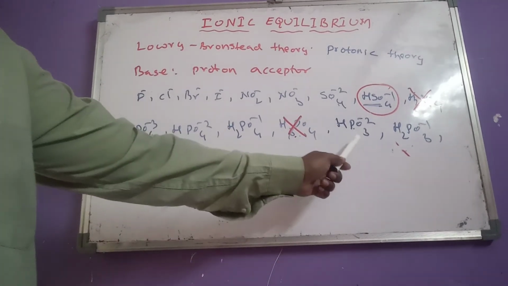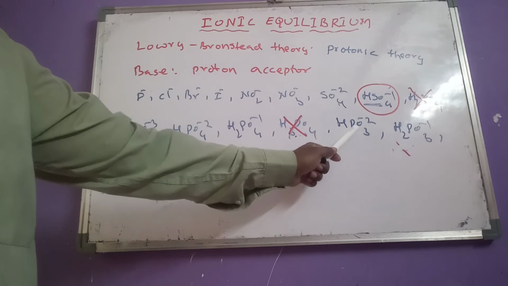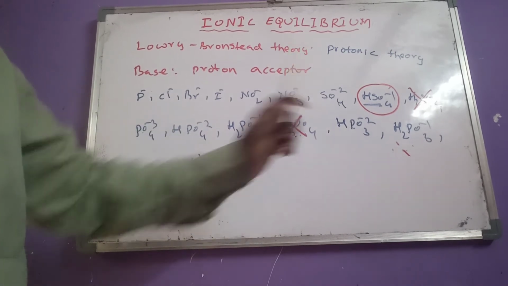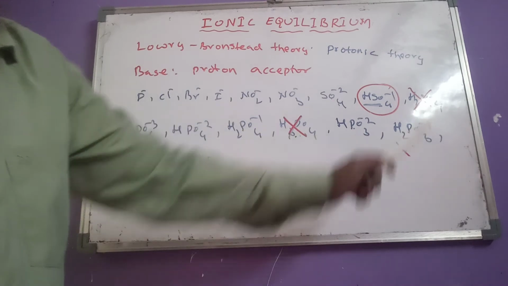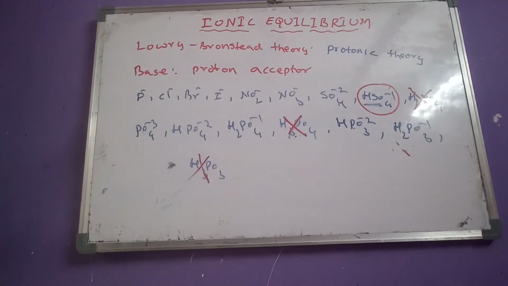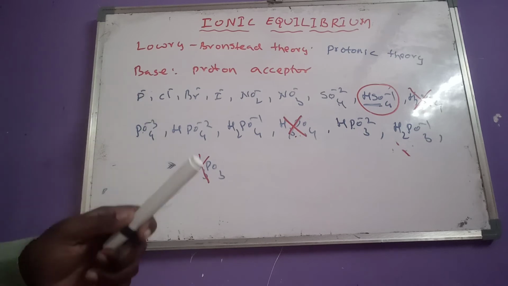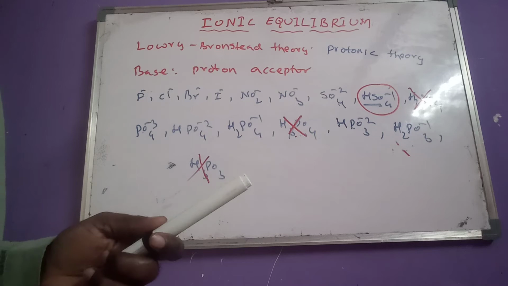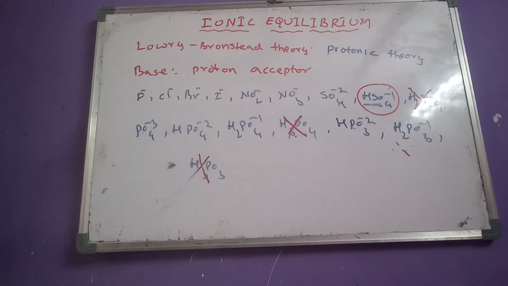And HPO3 minus 2 acts as a base only, but couldn't act as an acid. But this one, H2PO3 minus 1, can act as both acid and base. So the substances which act as both acid and base are known as amphoteric substances.